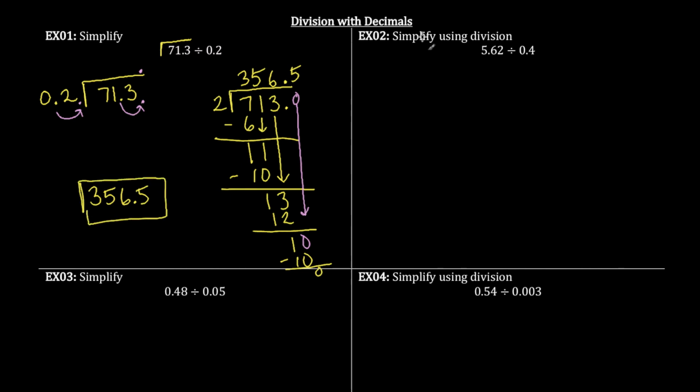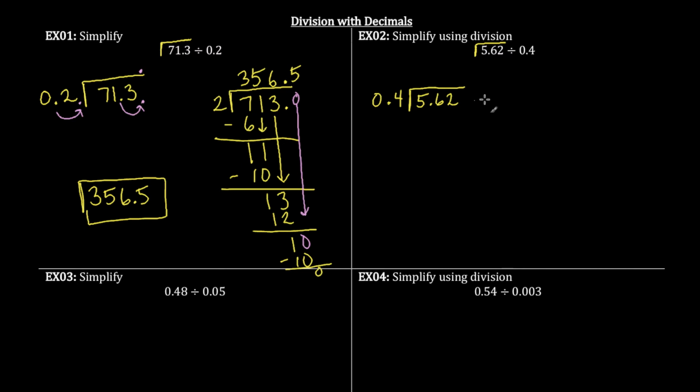Don't worry, we have 3 more examples. So this example reads 5 and 62 hundredths divided by 4 tenths. Remember that this dividend goes in the house, and we are dividing it by our divisor, which is 0 and 4 tenths.